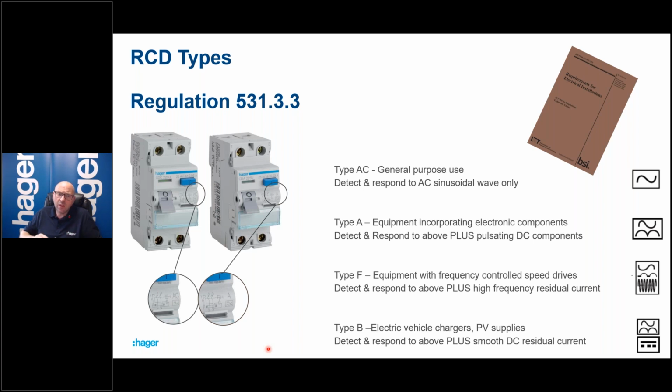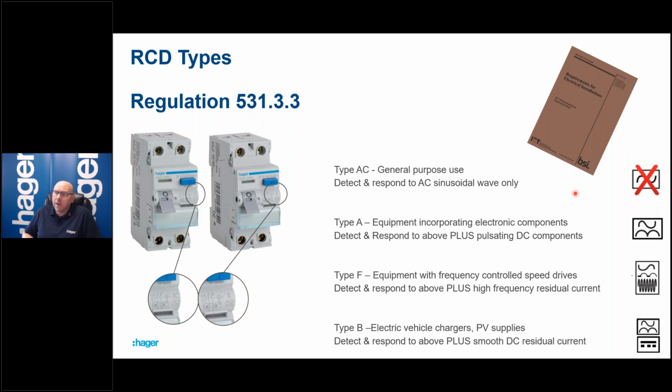These are the types, and in years gone by, the type AC was the type of RCD that we commonly saw in consumer units carrying this symbol here. Now with Amendment 2, that kind of got shelved a little bit.